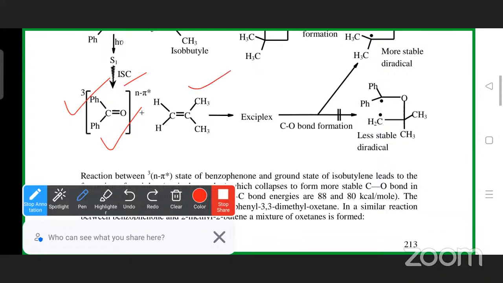Generally, the olefin does not undergo ISC, because for butadiene or olefins the ISC is zero, since the energy gap between the HOMO and LUMO is high.